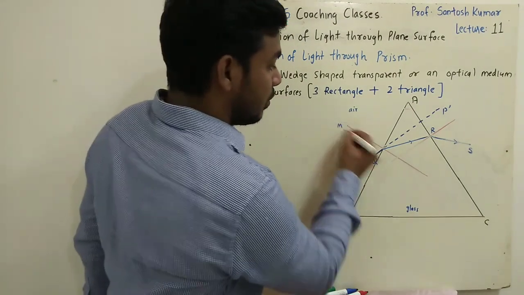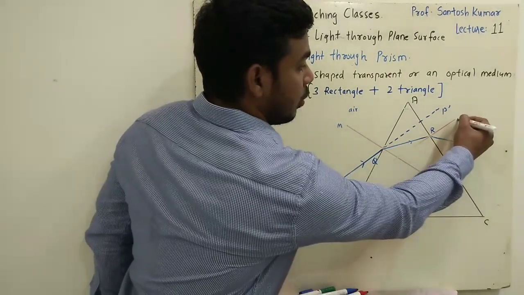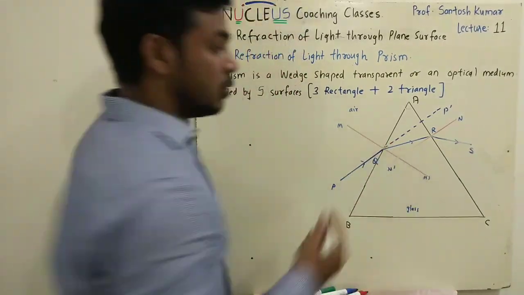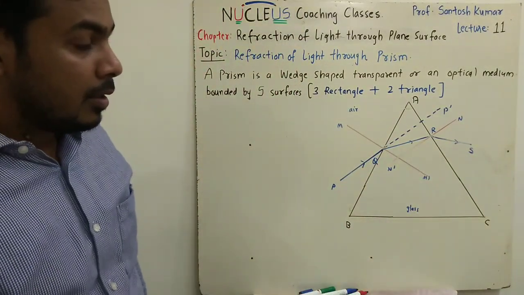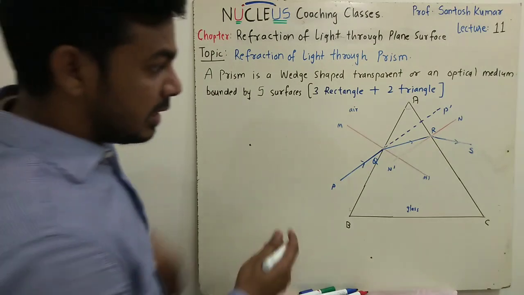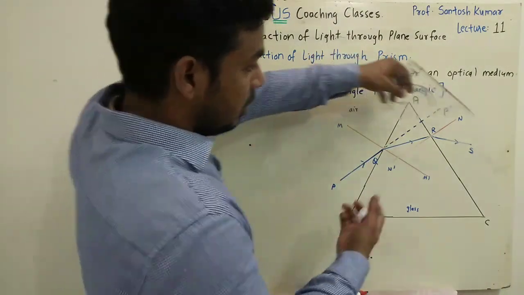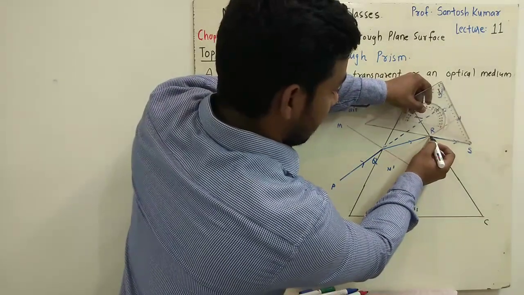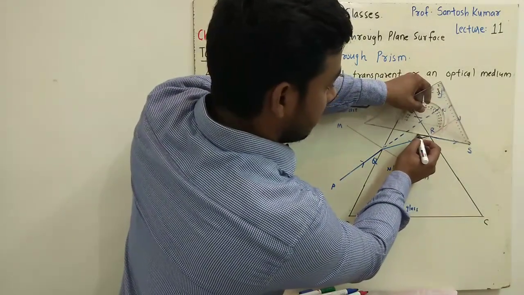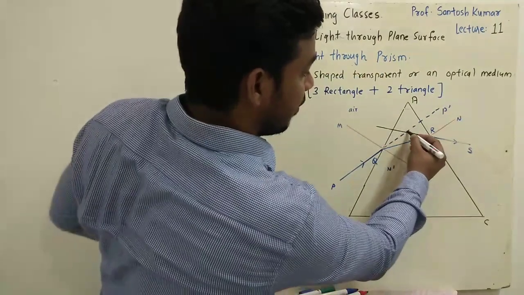We have got two normals, M dash and N dash. So if I retrace the emergent ray like this, let's trace back the emergent ray. What I am getting is that it is touching the original path somewhere over here.